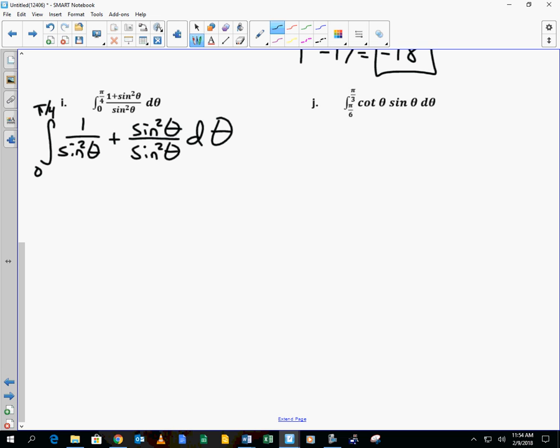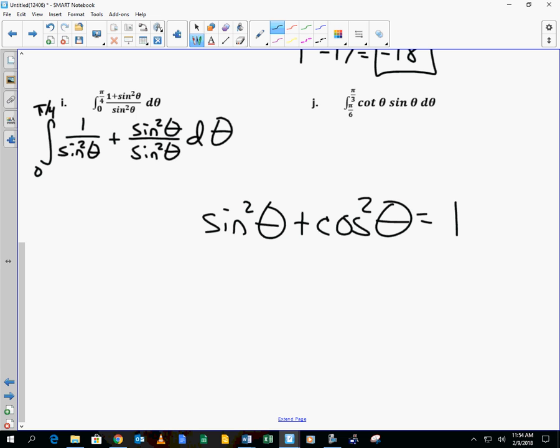One minus sine squared is cosine squared. We start with that. Is there any way to get a positive sine squared and a positive 1 on the same side? No.